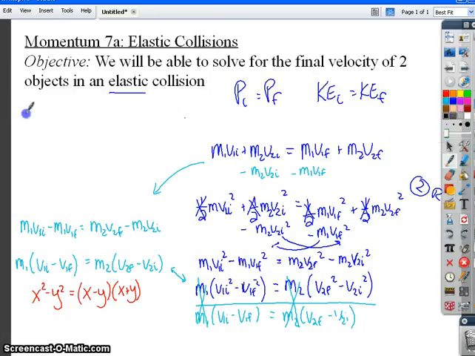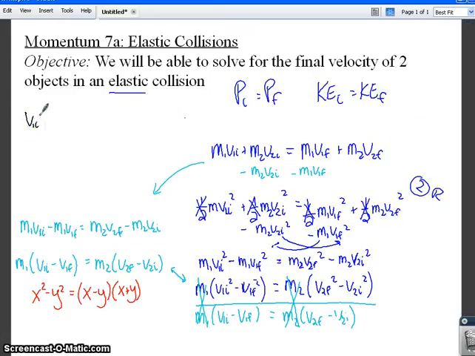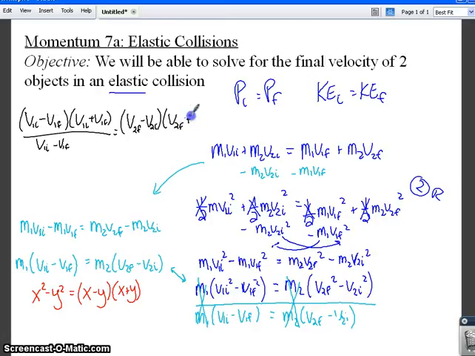It's going to be v1 initial minus v1 final times v1 initial plus v1 final over v1 initial minus v1 final equals v2 final minus v2 initial times v2 final plus v2 initial over v2 final minus v2 initial.